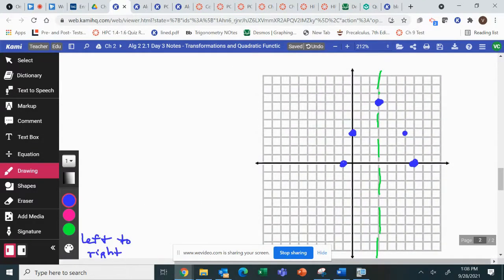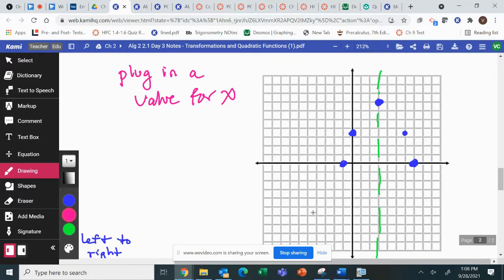We're good to go because I gave you a question that gave you 5 points or 4 points. But remember, if you don't have that many points, you have other things you could do. We could make a transformation table to find more points. You could just pick a point and plug in a value for x.